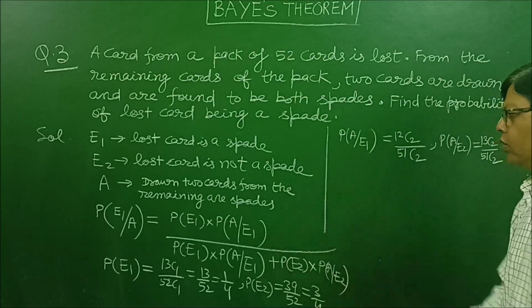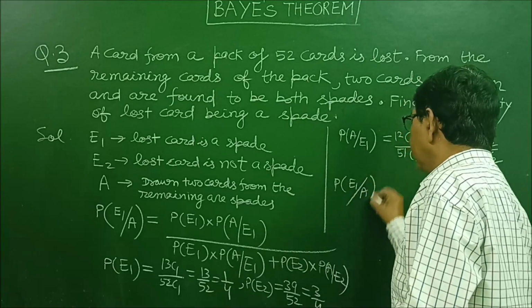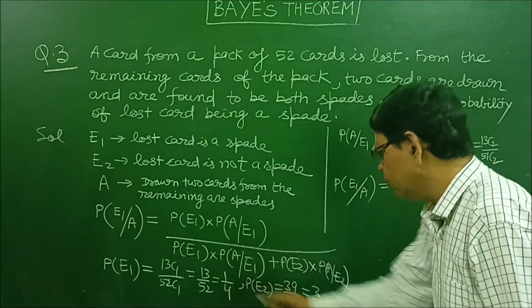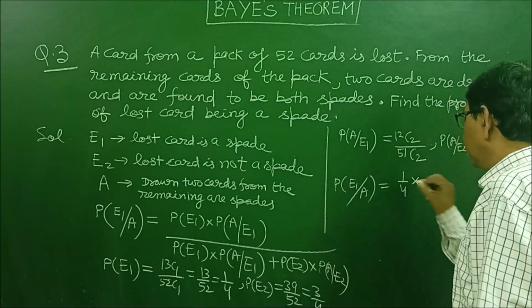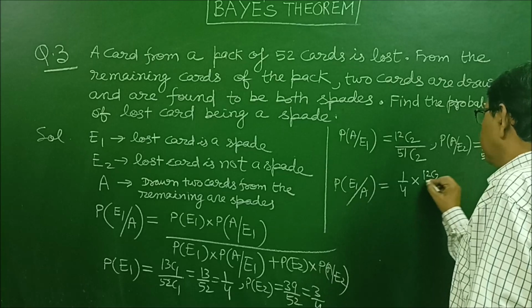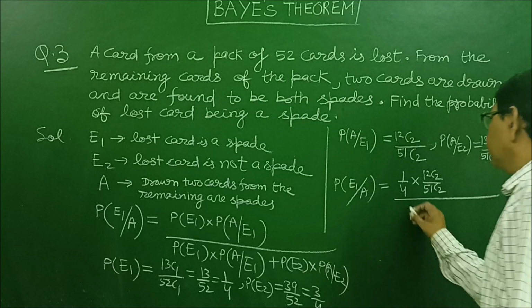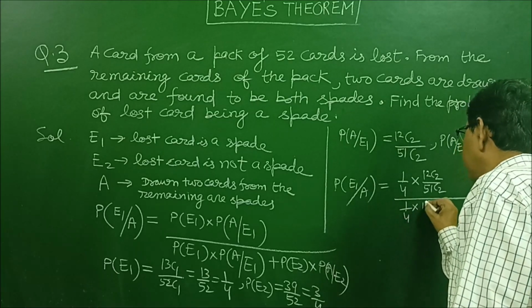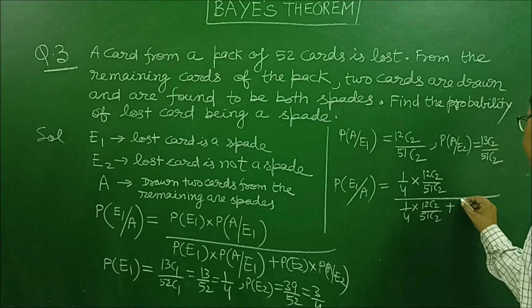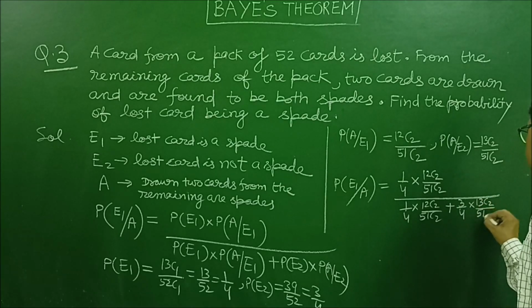Now putting all these values in this formula, we can find probability of E1 given A, which is equal to probability of E1, which we have calculated is 1 upon 4, into probability of A given E1, which is 12C2 upon 51C2, divided by 1/4 into 12C2 upon 51C2 plus 3/4 into 13C2 upon 51C2.